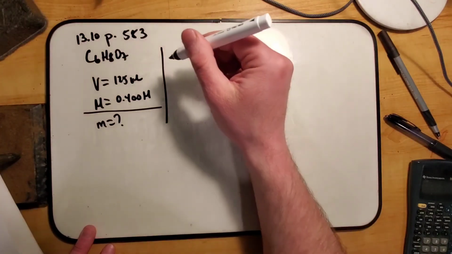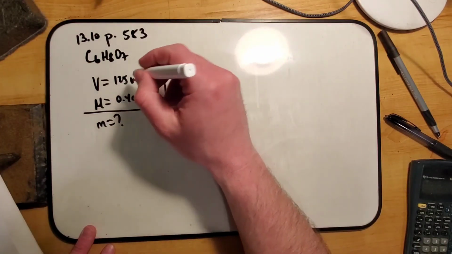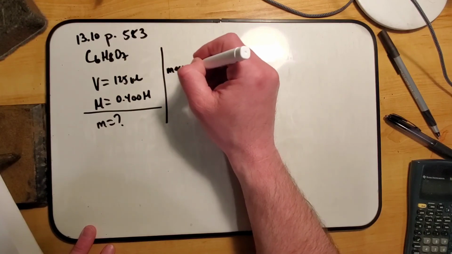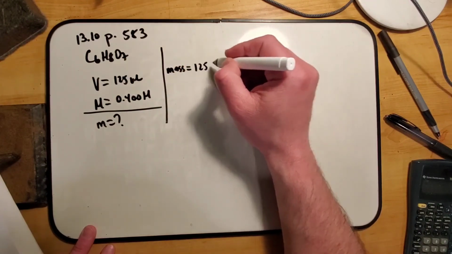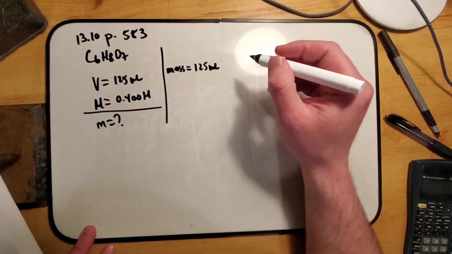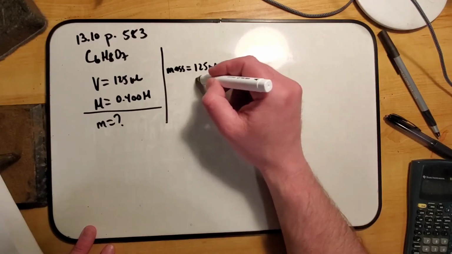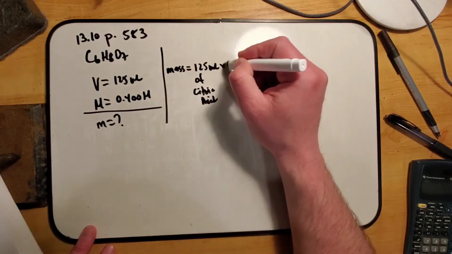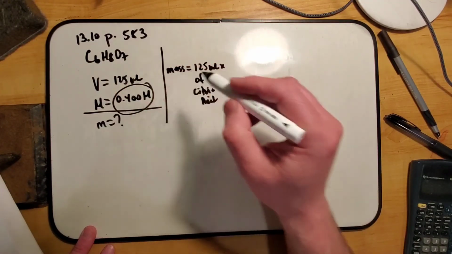Okay, so I'm going to start with what's given here. I'm given a volume, and I need to find the mass. So the mass will be equal to, I'm going to start with what's given, 125 ml of citric acid, multiplied by a conversion factor.